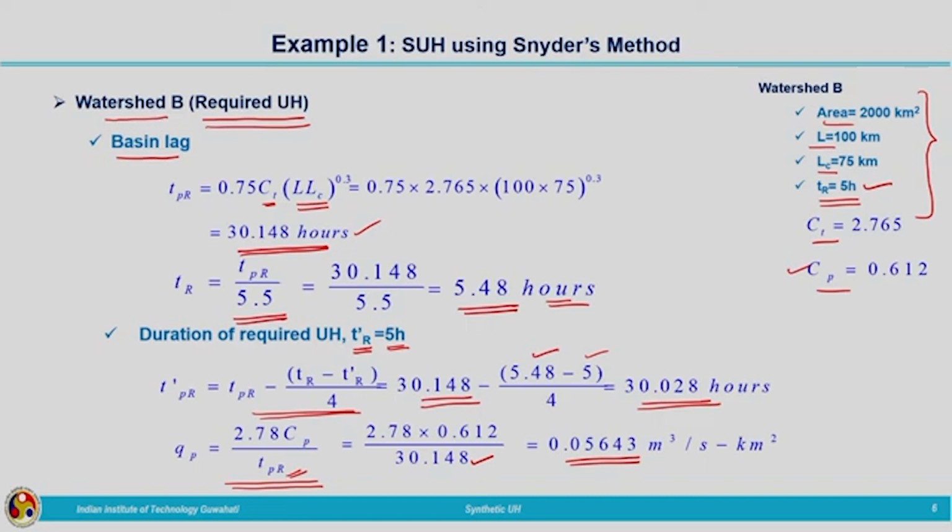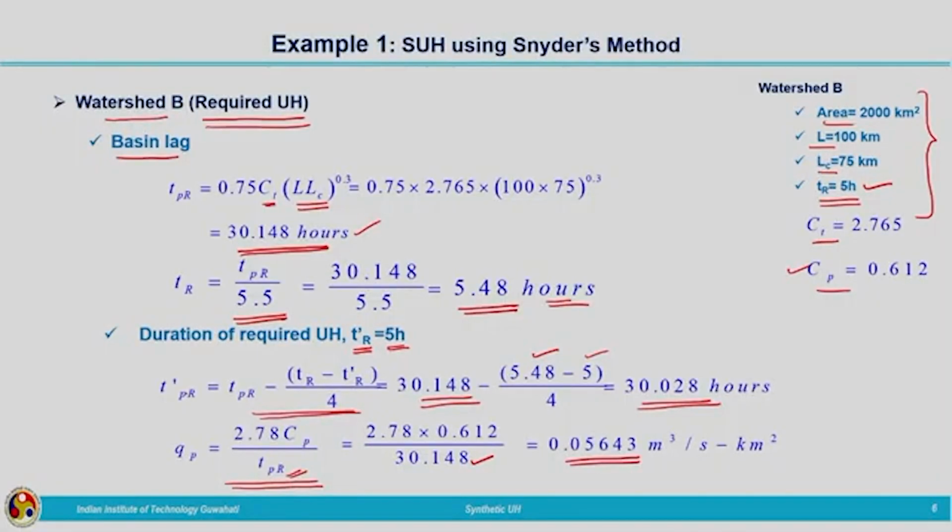When we come there we will be substituting the duration of the standard unit hydrograph. Even if you substitute here, you will get the correct answer, because there we multiply with a time factor, and this value gets cancelled. So, you will get the same answer whether you substitute the TPR dash value here or there, according to the formula given by Snyder.